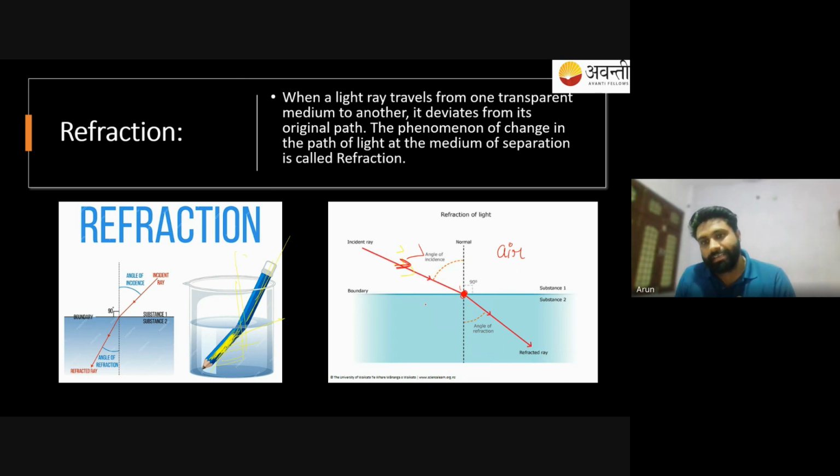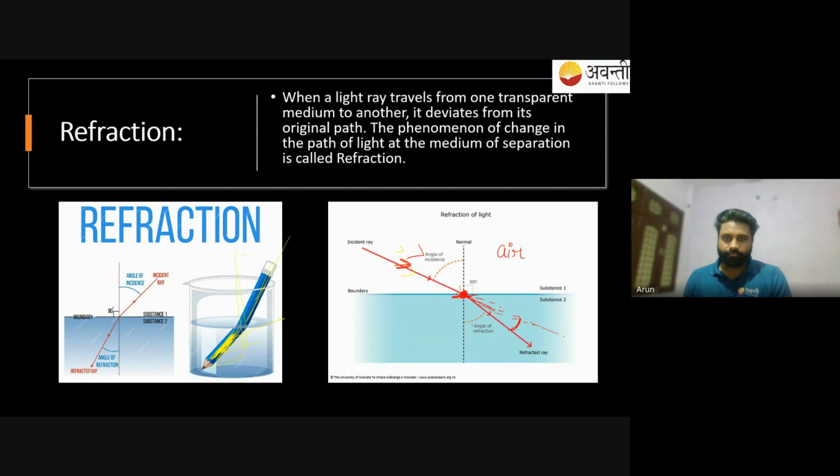It strikes this medium at this point of intersection, and after striking it penetrates the medium, but with a deflected path. If it had actually gone straight, it would have gone like this, but it has deviated from its path.